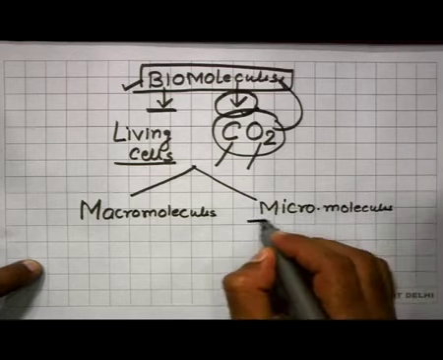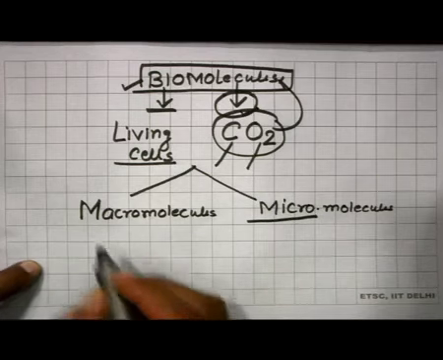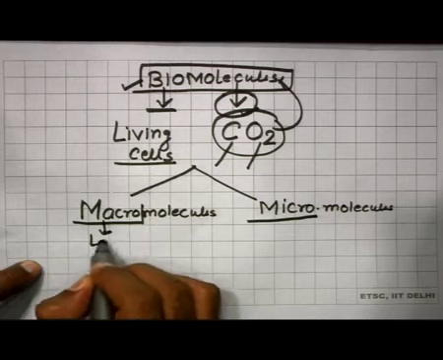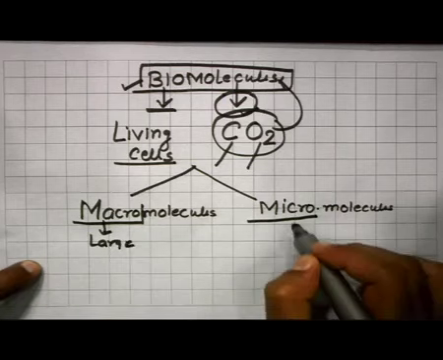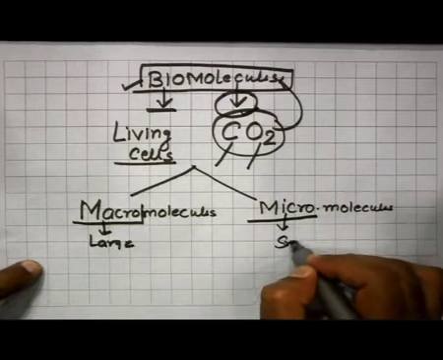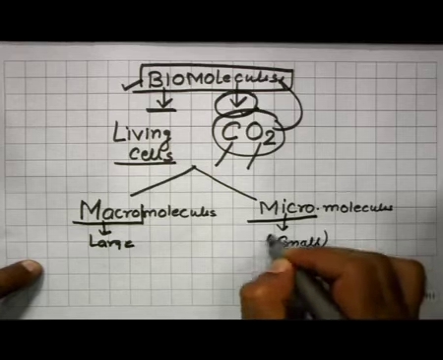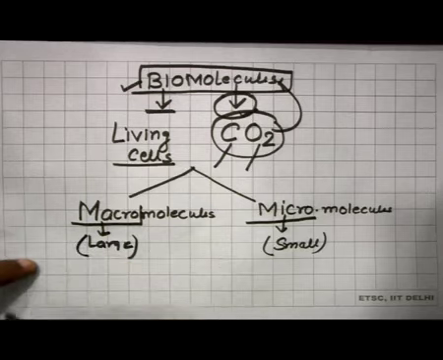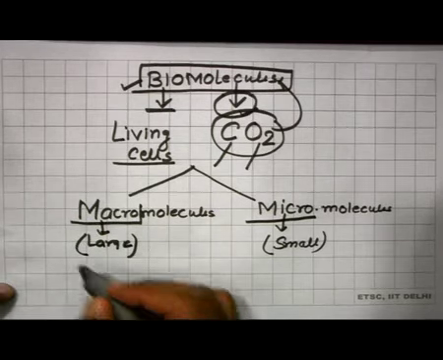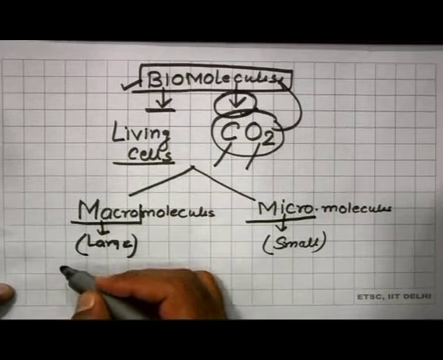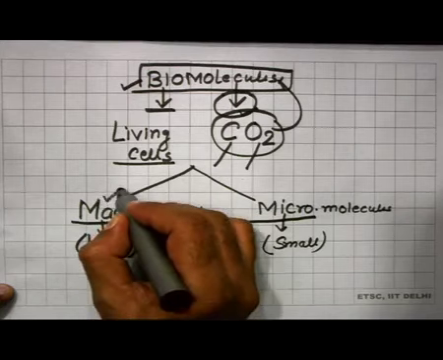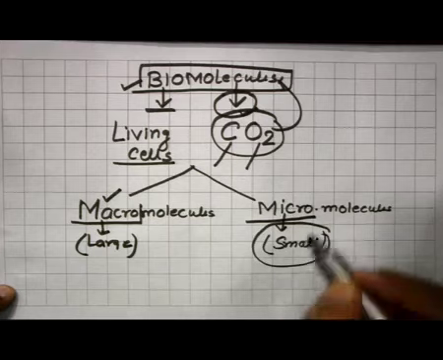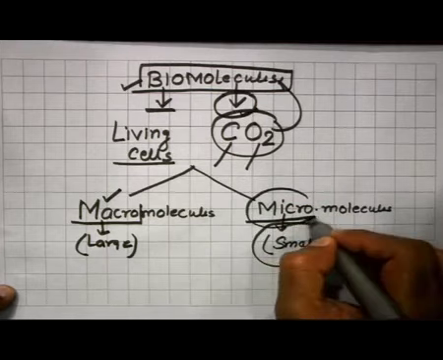As the name indicates, macro means large. So, simply we can say those molecules which are present in large quantity in the cell or in the living organism are called macromolecules. Those which are present in small quantity are called micromolecules.